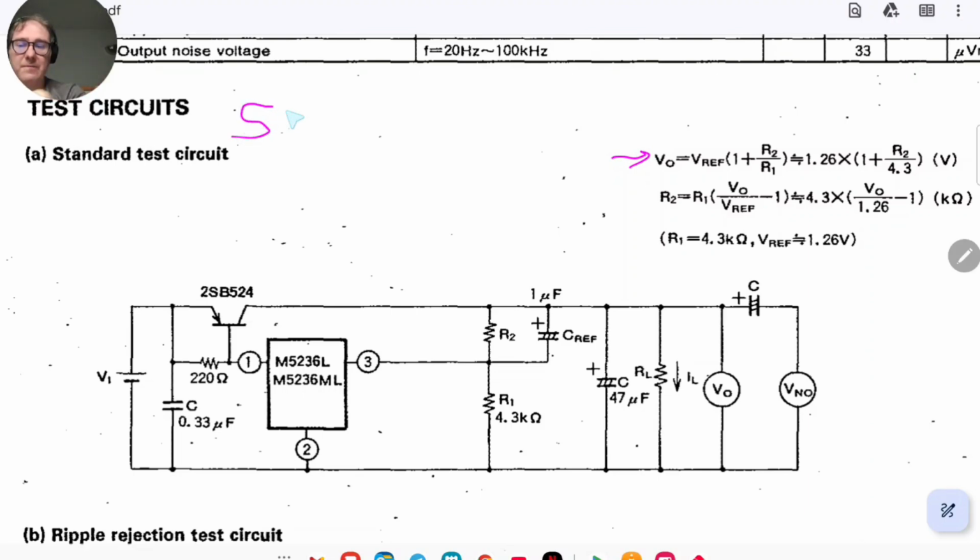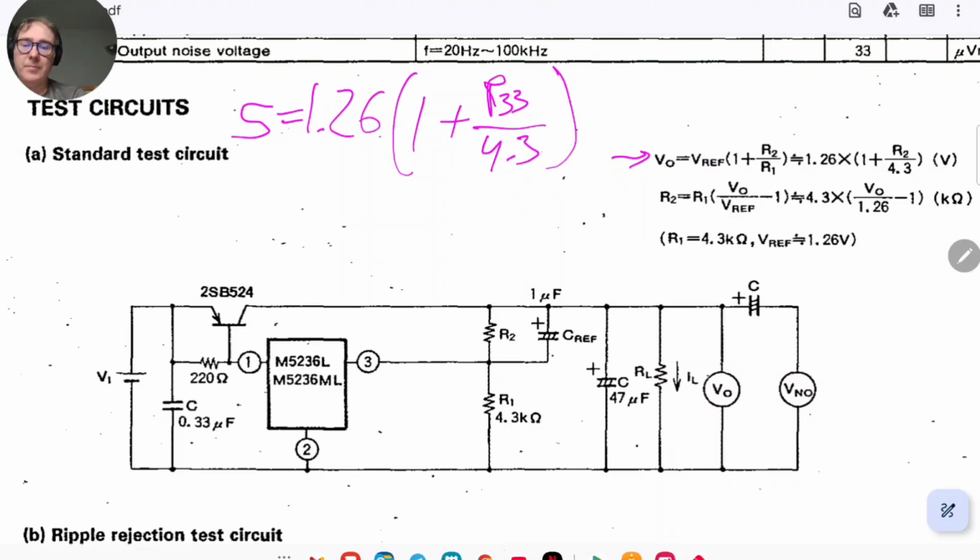So 5 equals Vref, where Vref is 1.26. I'm just copying the equation. I want to know which value I should put in R33, divided by 4.3K.